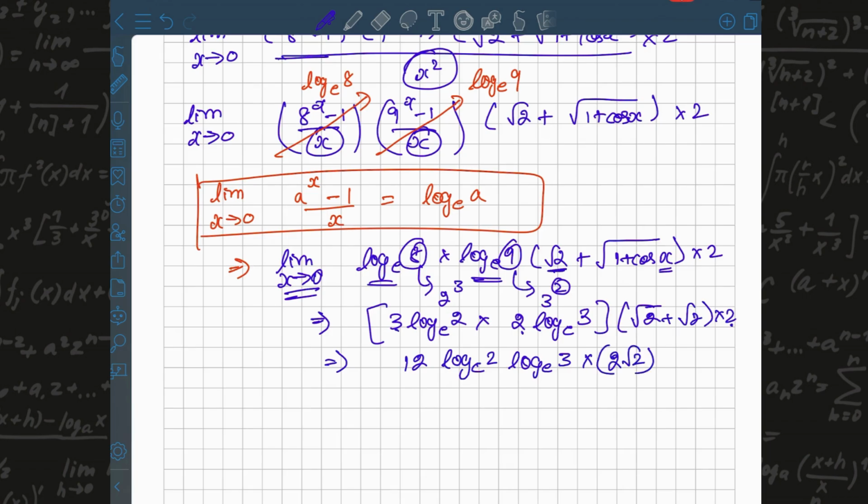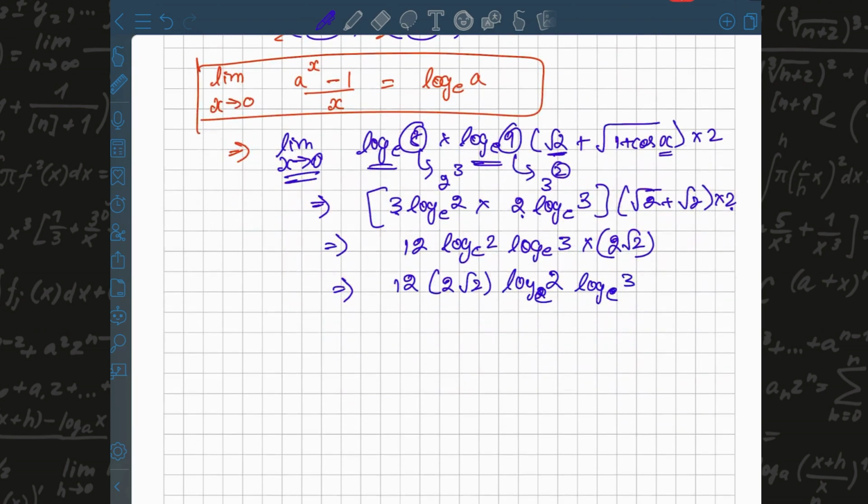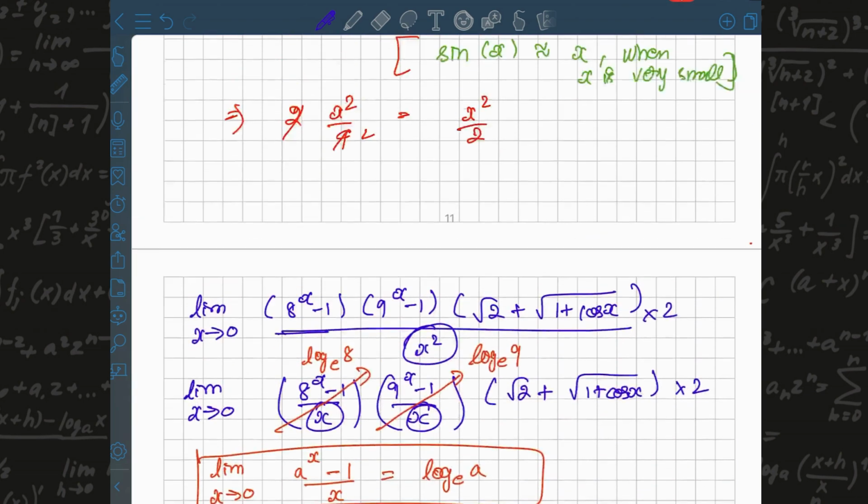Am I right? So we can write it as 12 into 2 root 2 log base e 2 and then log base e 3. Am I right?